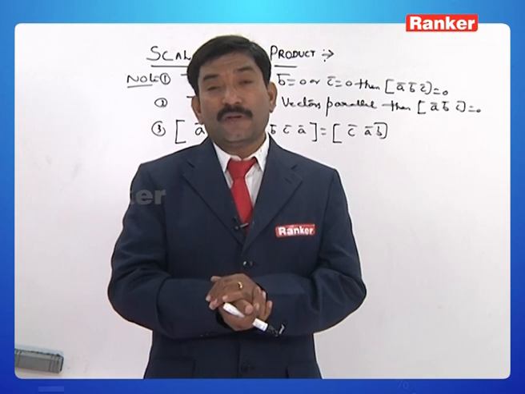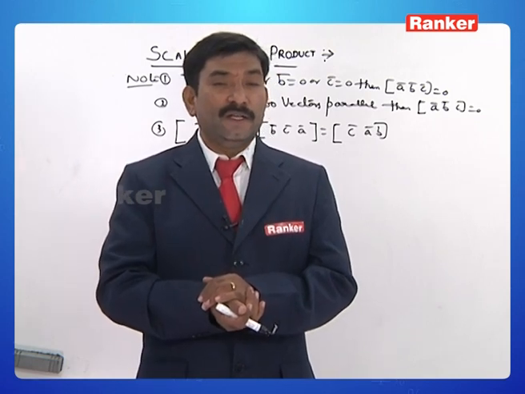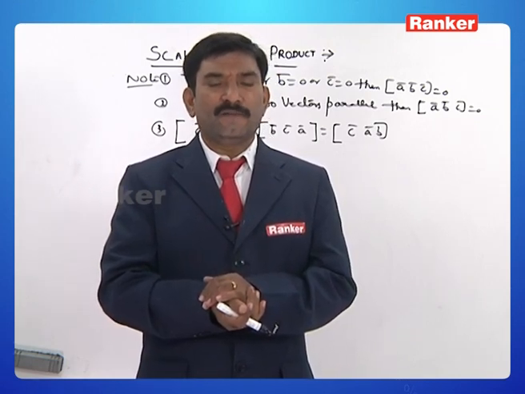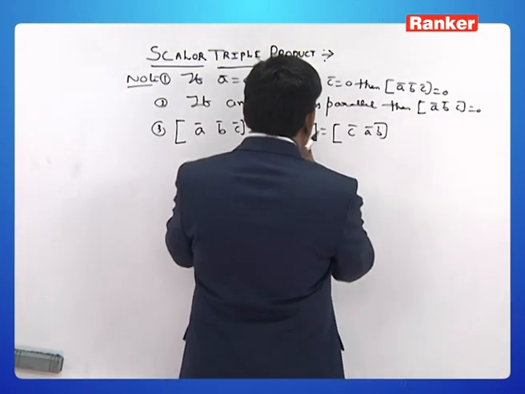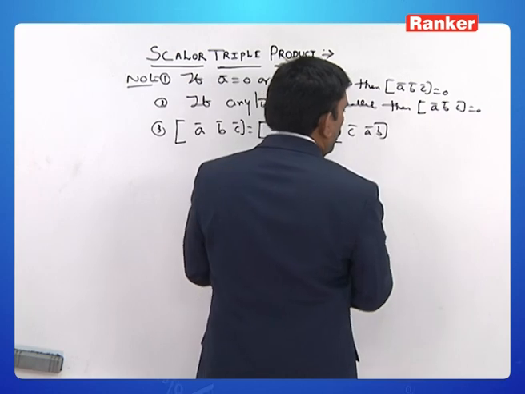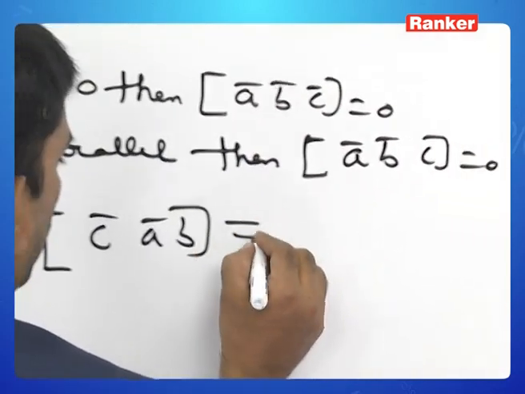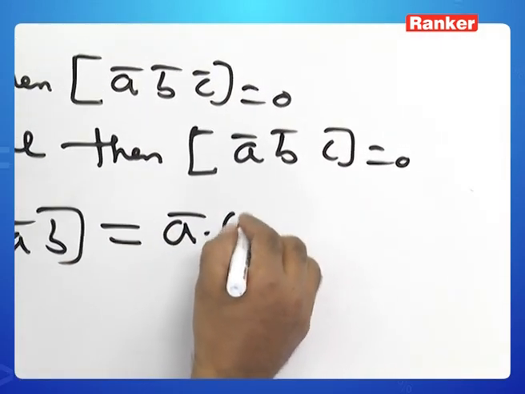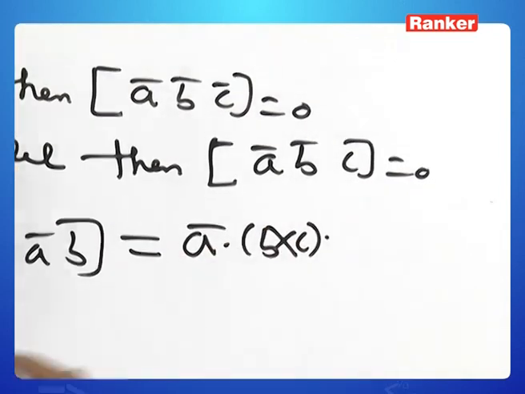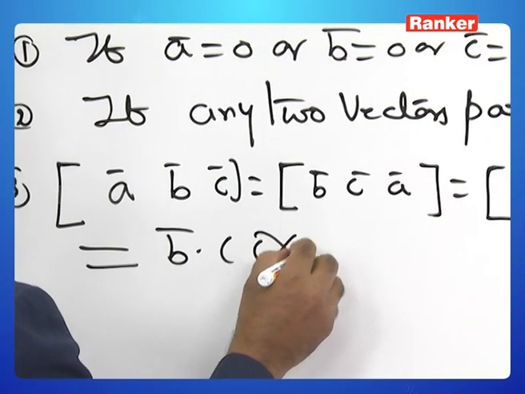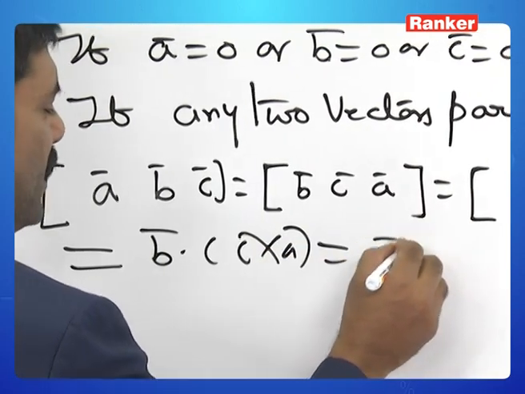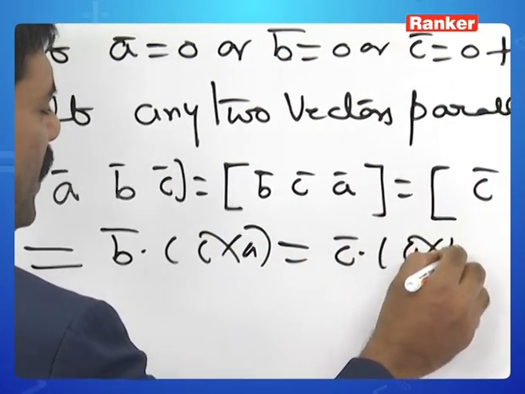If 2 rows or columns are interchanged, the value of the determinant is unaltered, but sign changes. Here also, the vectors can be interchangeable in a cyclic order. So therefore, I can write A dot of B cross C is same as B dot of C cross A is same as C dot of A cross B.